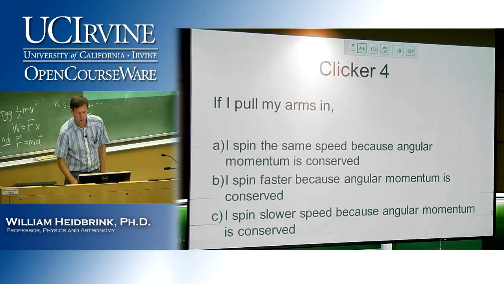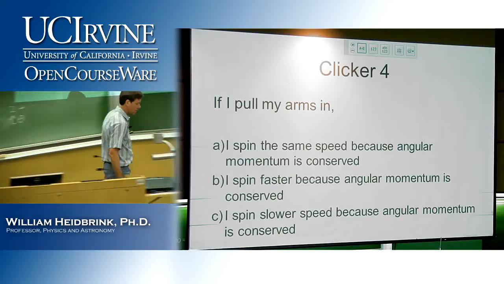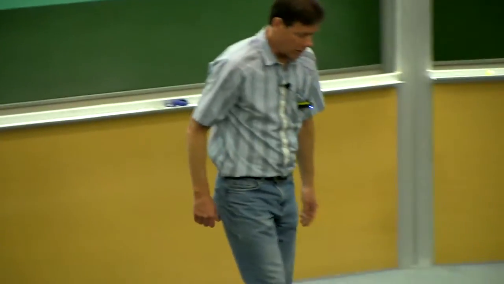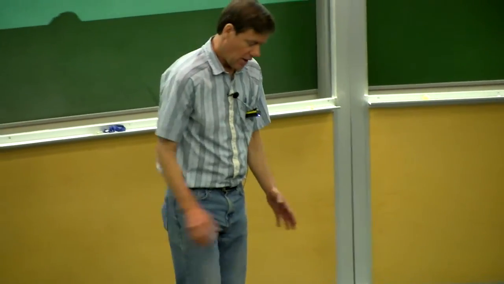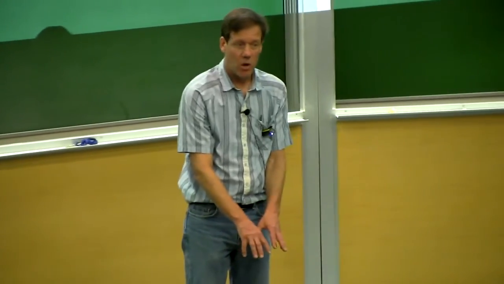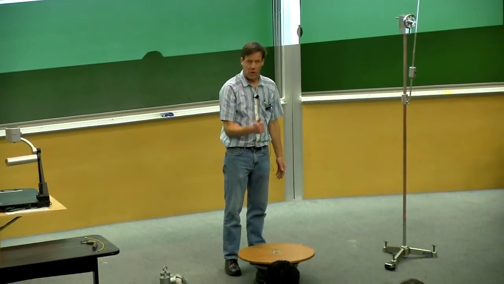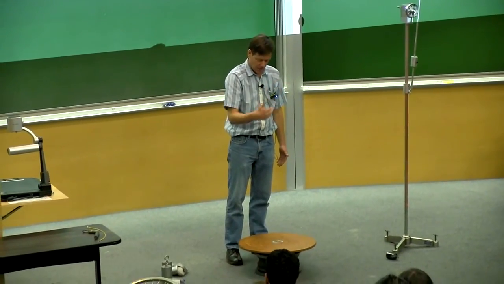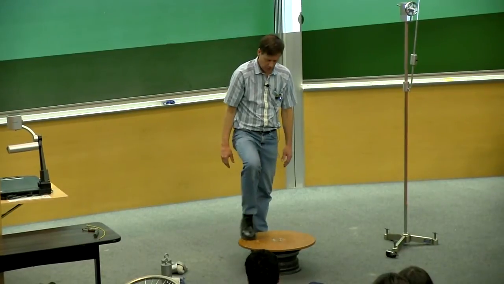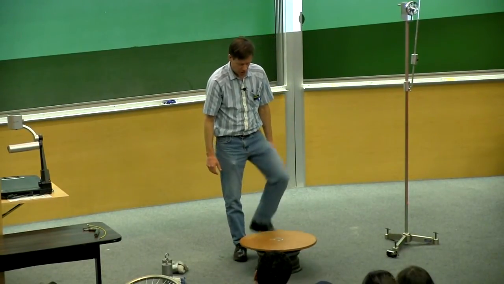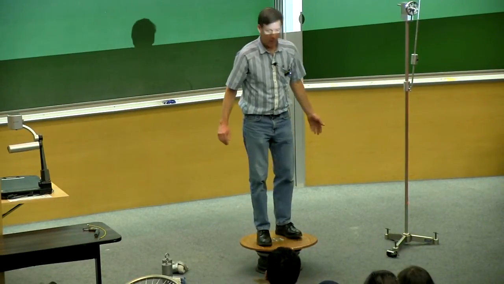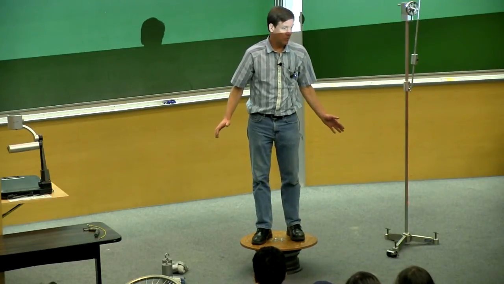Okay. Now I'm going to do a demonstration. And this is the way it's going to work. So this thing has good bearings, so it doesn't apply torque around this axis. I mean, it's got a little bit of torque to it, but not very much. So when I stand on this, I'm going to pretty much be an isolated system.